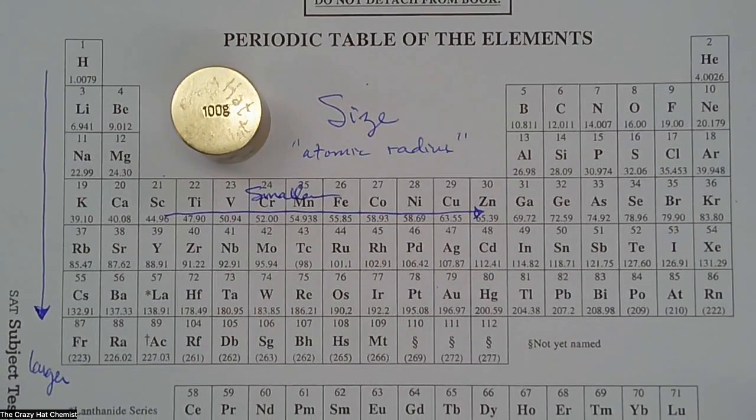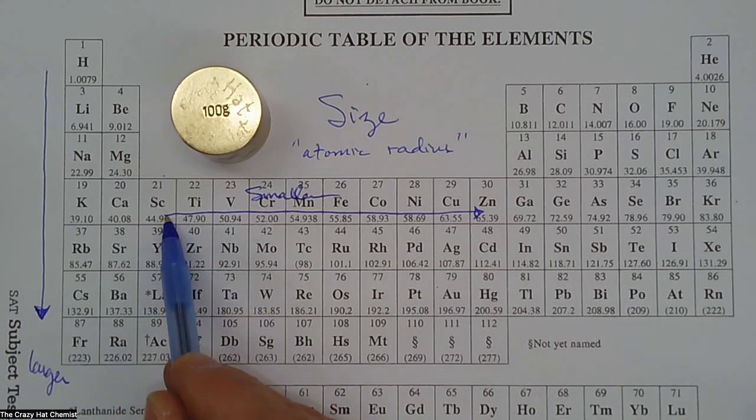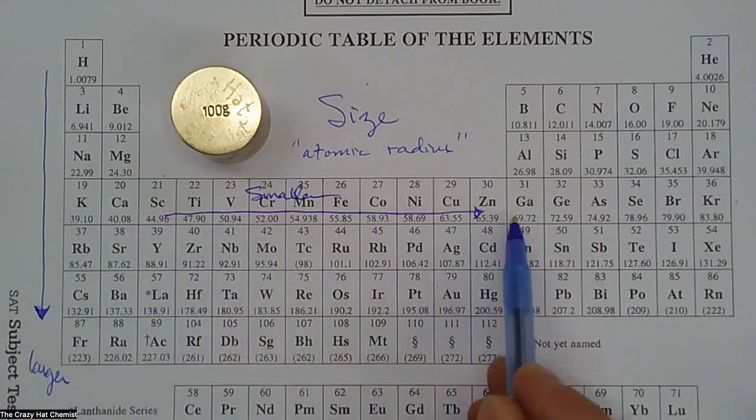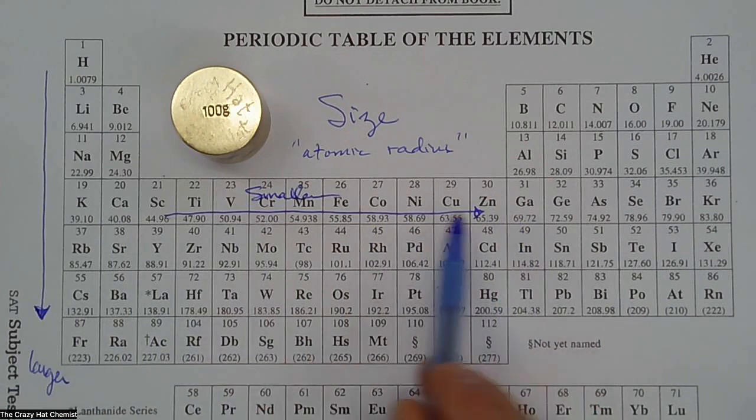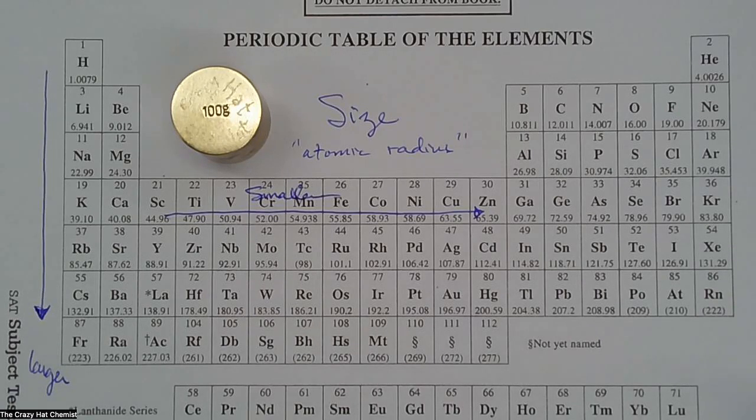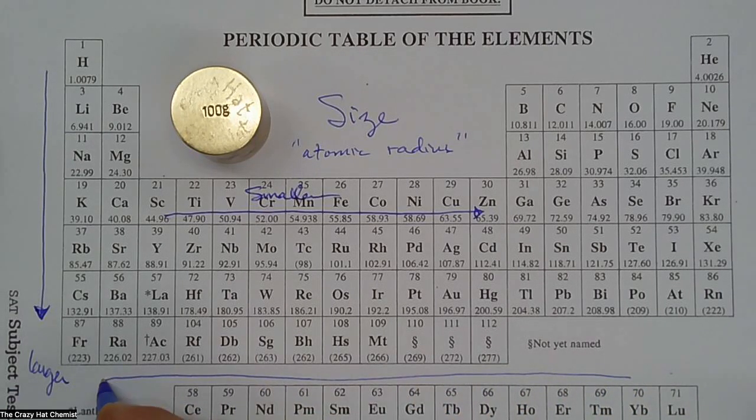And so that is, so you notice that as you go across the period, within any period, as you go from left to right, the size decreases. That's because the effective nuclear charge increases and the number of electrons within a different type of orbital has not increased. So that means that the size actually increases as you go to the left.